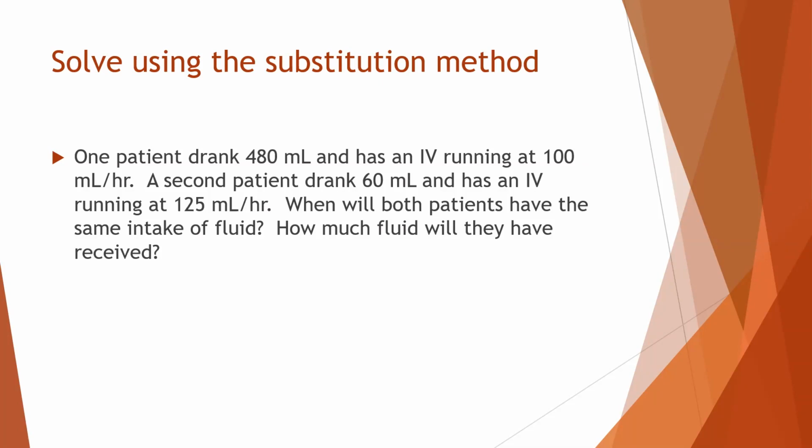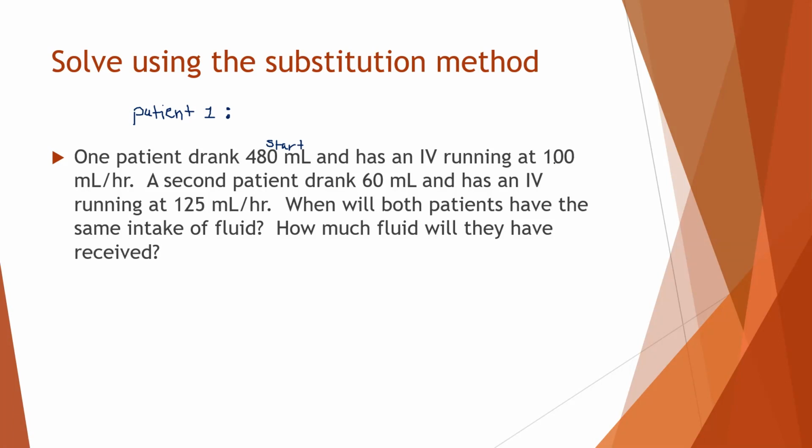So my first step is to write equations for the scenario, and in this case for each patient. So patient 1, when I read through their information, I see that they drank 480 milliliters, so that feels like a starting amount of intake.